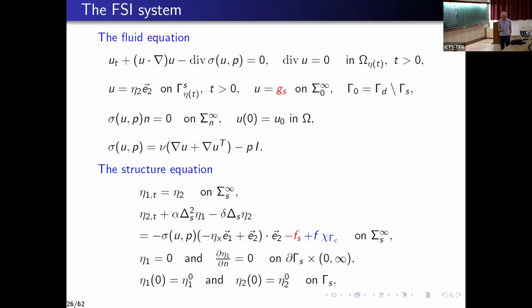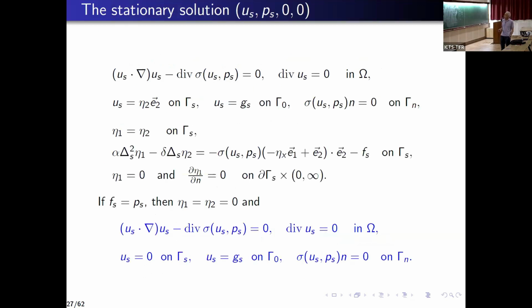These are the same as before, but now I would like to introduce some stationary states. So I take something which is non-homogeneous here. I can put something else here, but we just write it like that. And so we have to introduce the stationary solution. The stationary solution is given by some inflow boundary condition for the velocity.